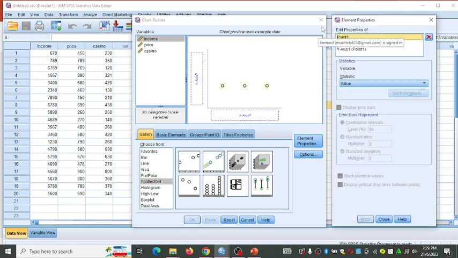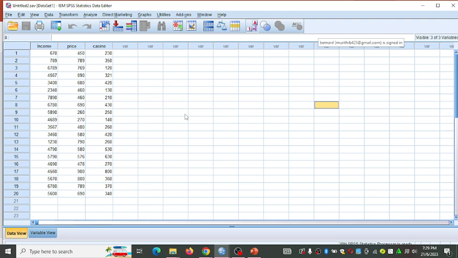Do you remember how we produce a scatter plot? We want to plot income and price, so that we can tell whether these two variables are related, if there is a relationship between them.